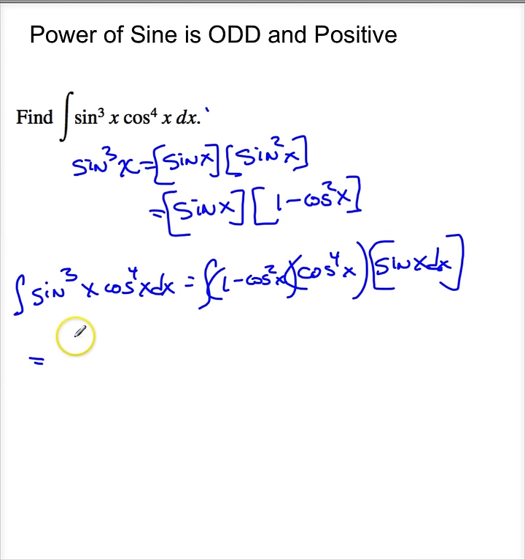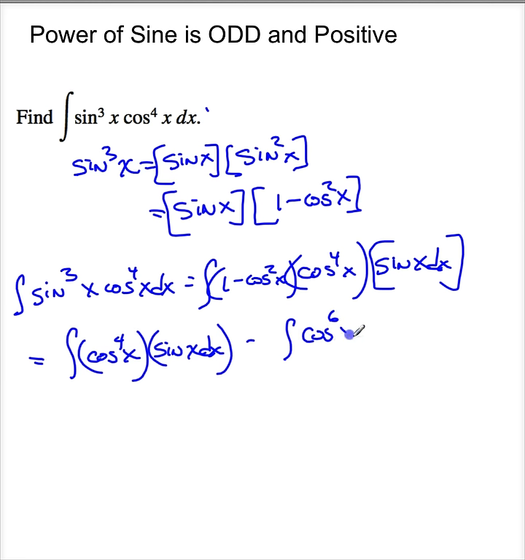So this becomes the integral of cosine to the 4th x times sine of x dx, so that's my du there, minus the integral of cosine to the 6th x times sine of x dx. And for each of these, I have the substitution.